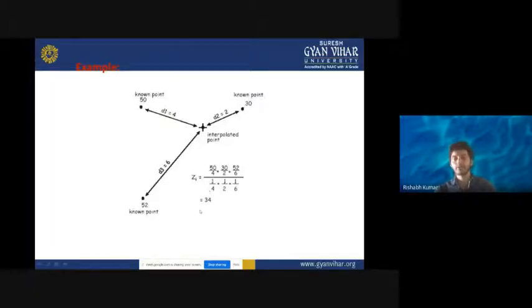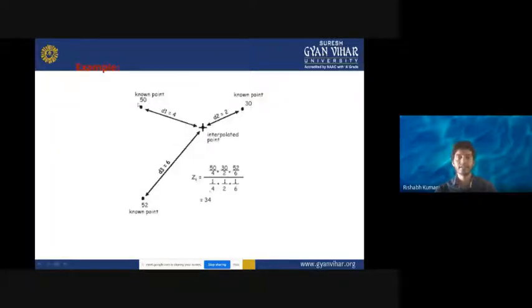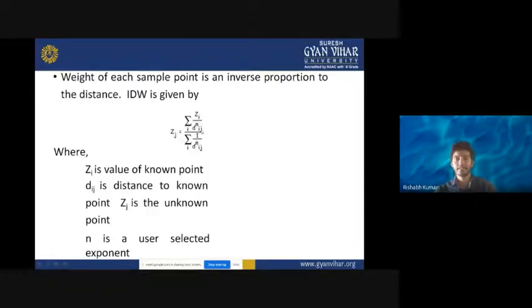That is going to give you the value of the variable at this unknown point, or at this prediction location. So this is Zi divided by Dij^n. So what is that? Z is the value of the variable, and Dij is the distance between the prediction location and the measured point.